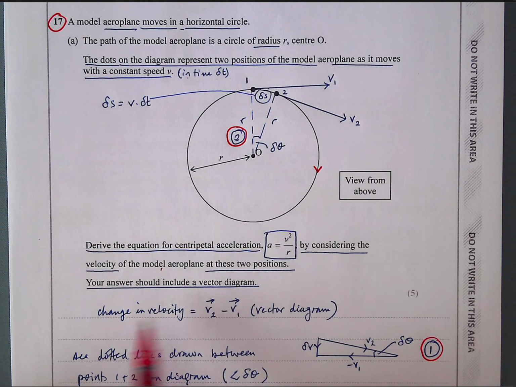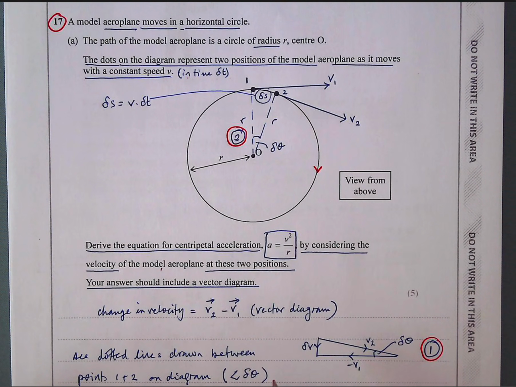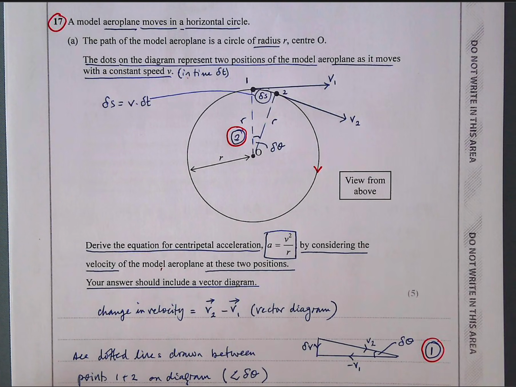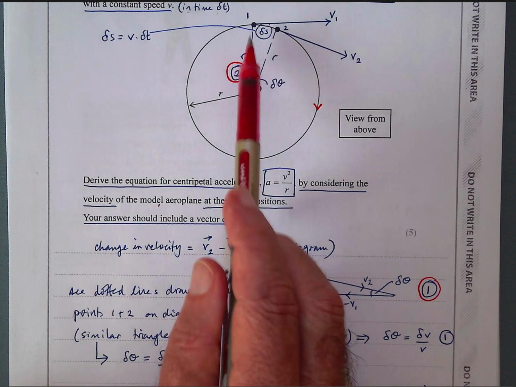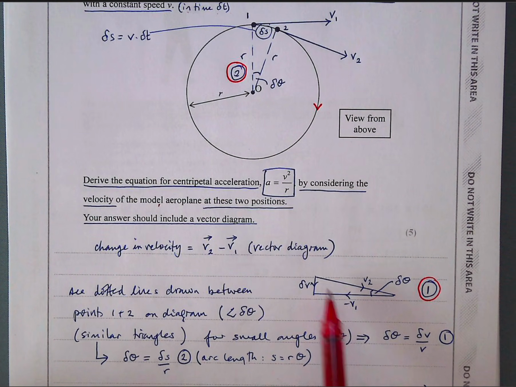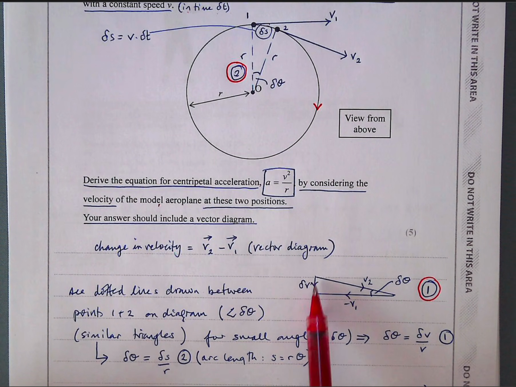Your answer should include a vector diagram because the change in velocity is v2 minus v1. If you do v2 this way and then take away v1, so you're adding the negative of v1, you'll notice that the change in velocity points from position 1 almost down towards the center of the circle.